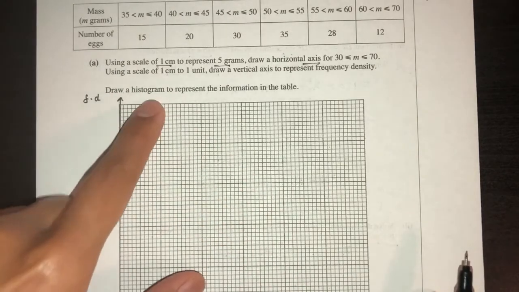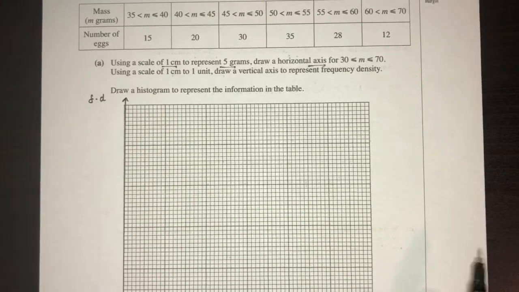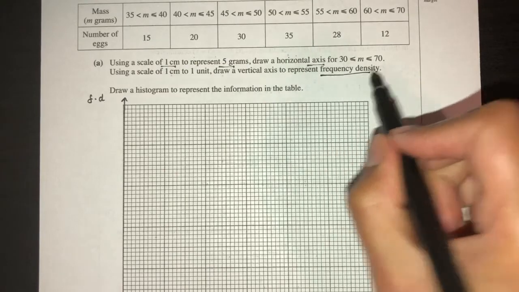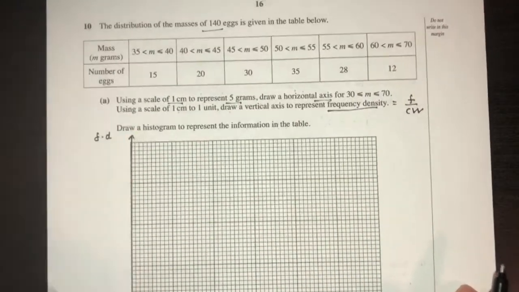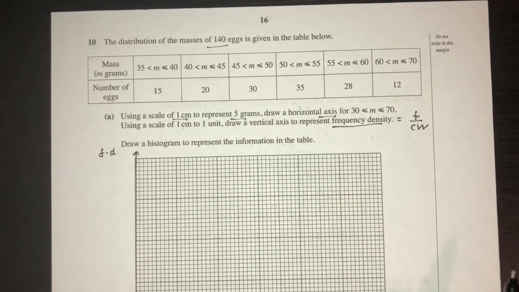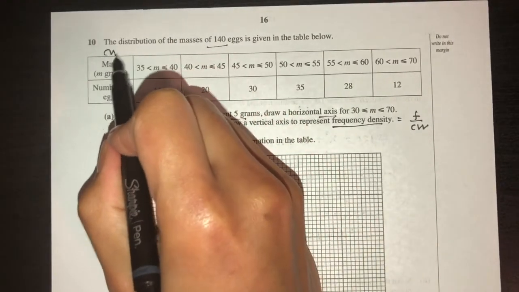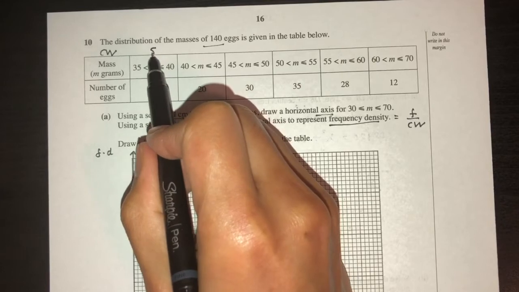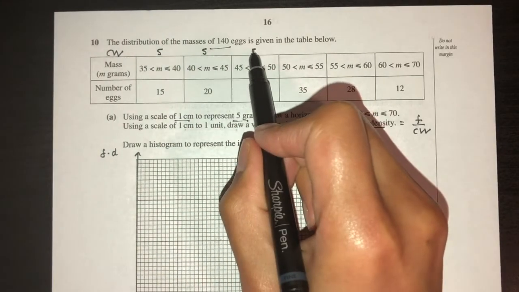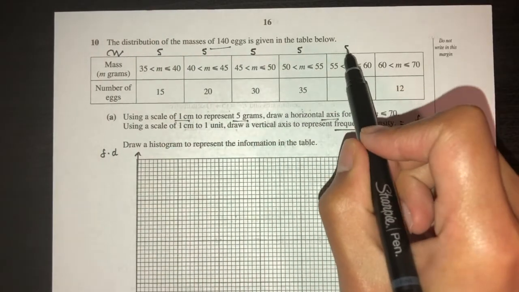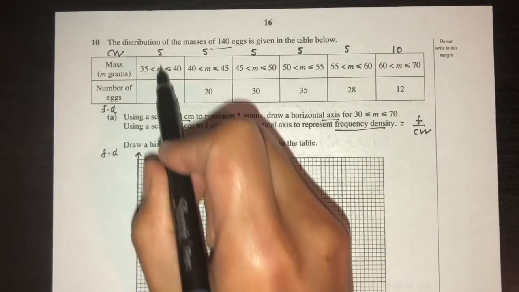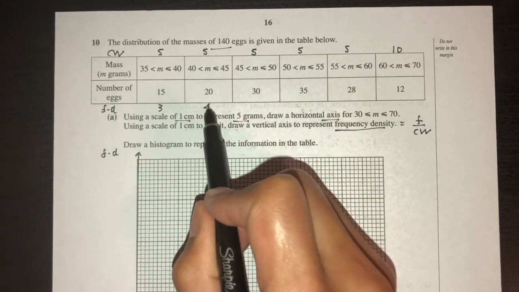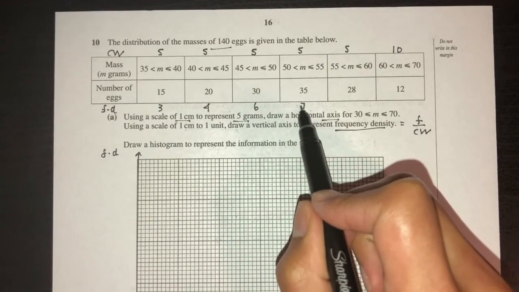If you have to draw a histogram, you have to find a few values. Frequency density is equal to frequency divided by class width. So first let's find the class width. For each of these classes, it will be 5, 5, 5, 5, 5, and 10. So FD will be frequency divided by class width: 3, 4, 6, 7.